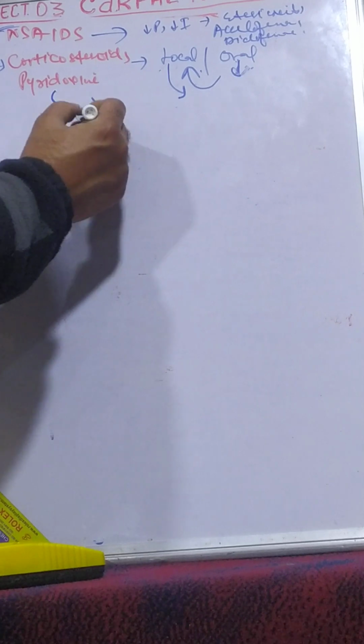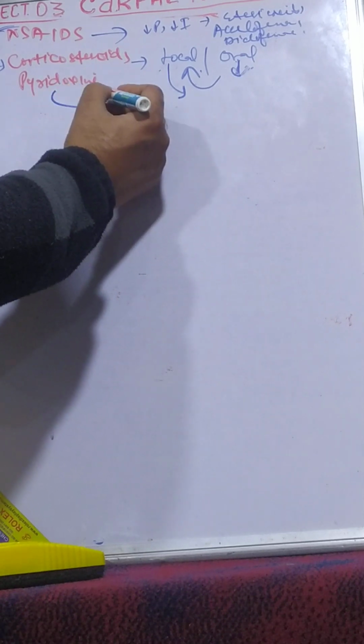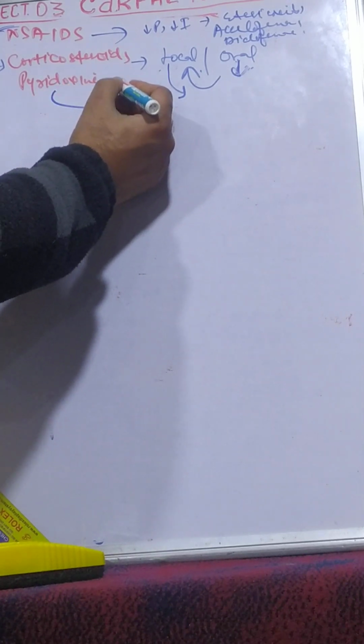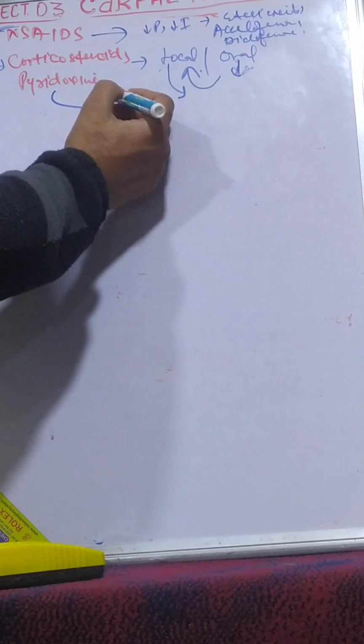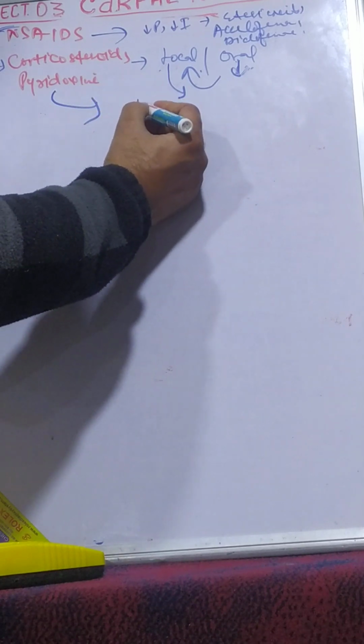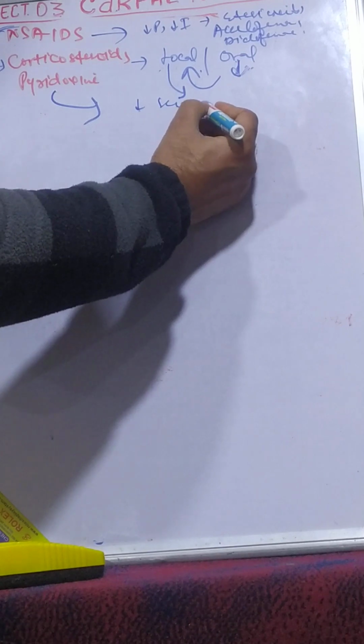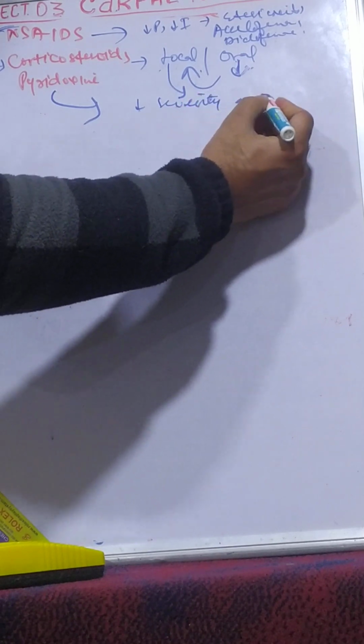Another is pyridoxine. The use of pyridoxine has been shown to decrease the severity of carpal tunnel syndrome.